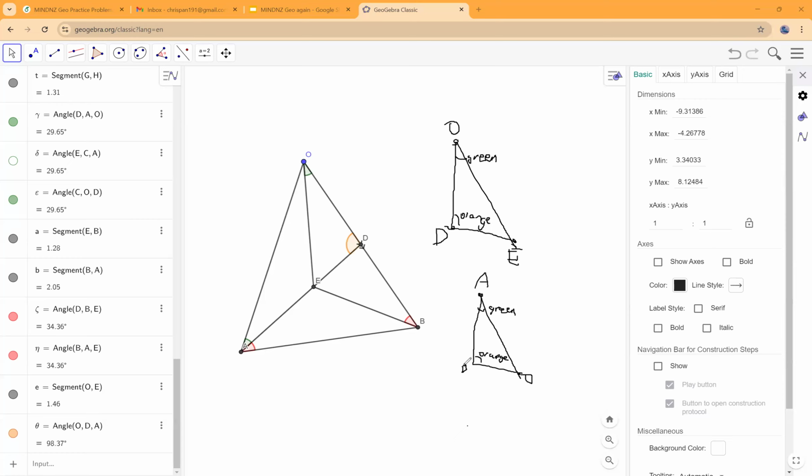Obviously not to scale, the bottom triangle should be much larger, but I'm just showing that they're the same shape. They're similar.